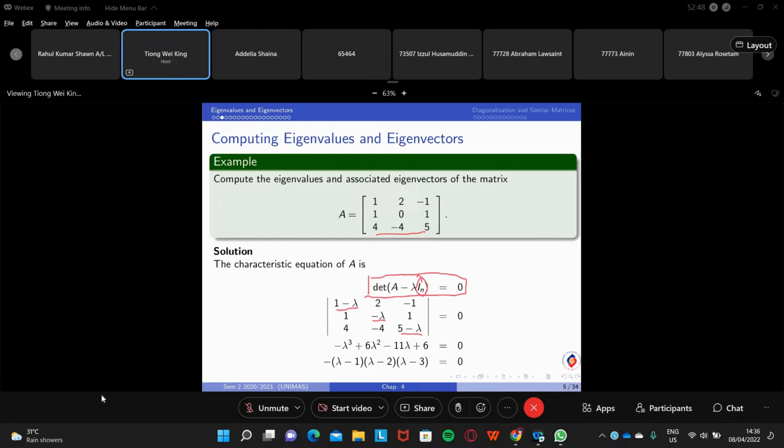All these terms have lambda because of this I. I is the identity matrix. So if you write the characteristic equation in full, before getting this, it is the determinant of A minus lambda I. This is matrix A, minus lambda times I, and I is this.